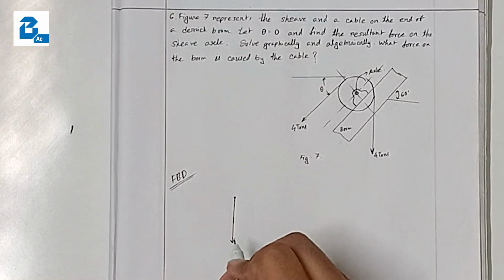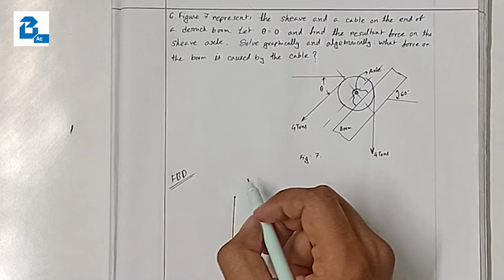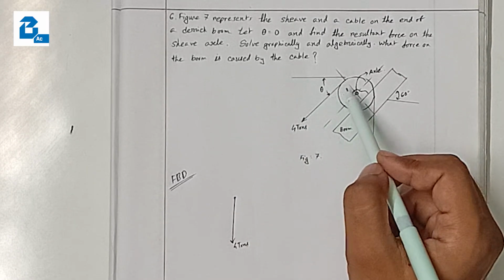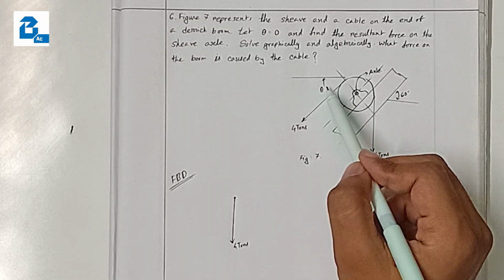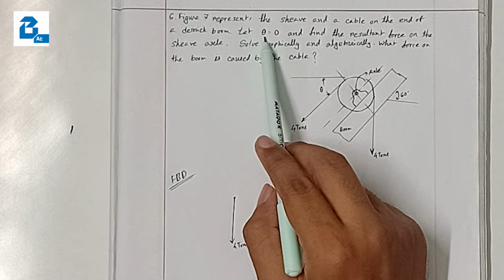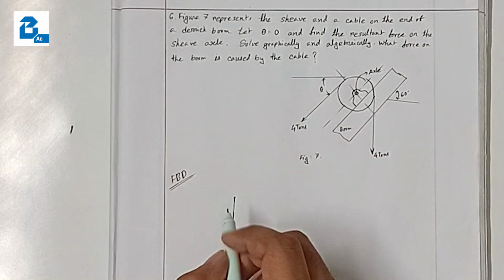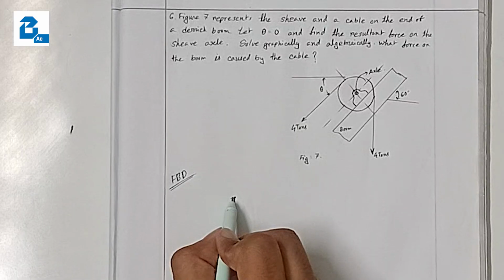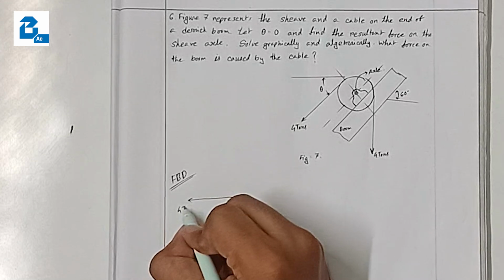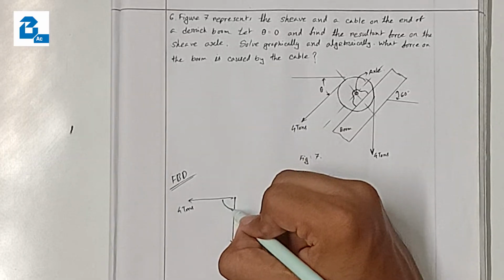Let's assume this is the vertical force, which is 4 tons, and then let's assume this portion of the force, which is in the theta degree angle with the horizontal component. But here the problem says theta equals 0, so the cable in that direction would be along the horizontal axis. So let's draw that. Here that is also 4 tons, and let's assume the angle between two forces is alpha.